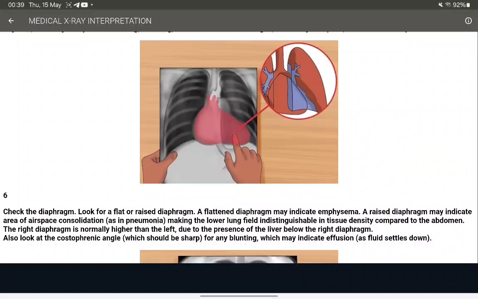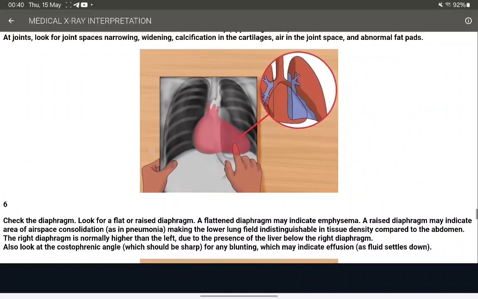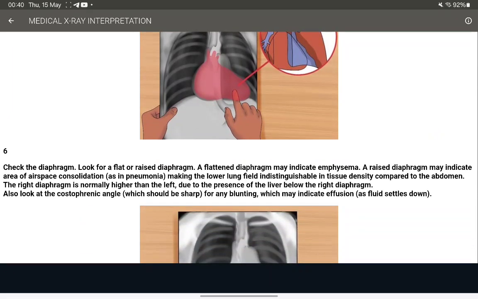So the costophrenic angle is the V-shaped area between the diaphragm and the lower ribs on both sides of the chest, which should be sharp. Any blunting or obliteration may indicate effusion, as fluid settles down because it is the deepest area within the chest. Here, look at the marker, the area of the costophrenic angle where the fluid can settle down.